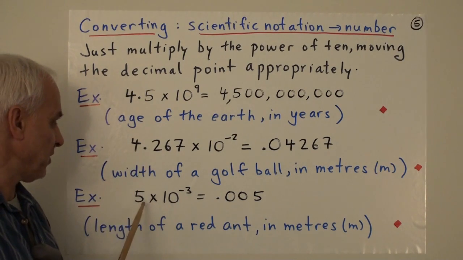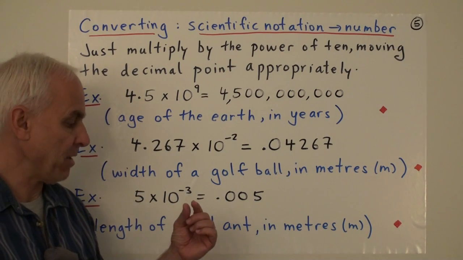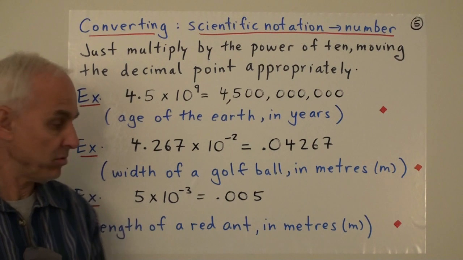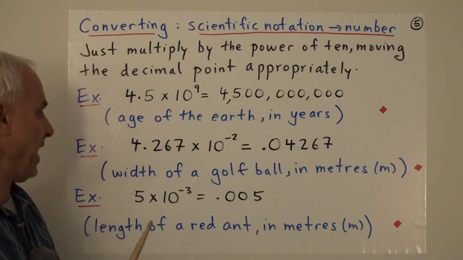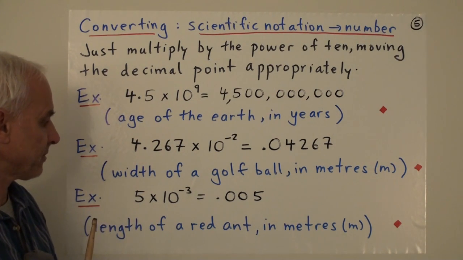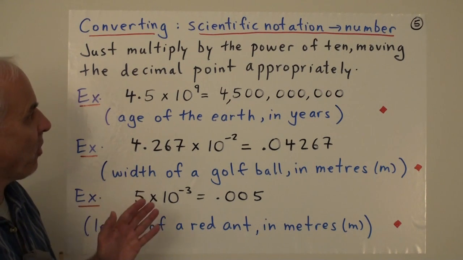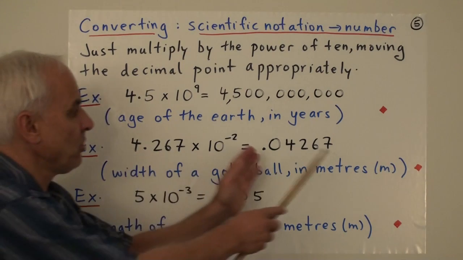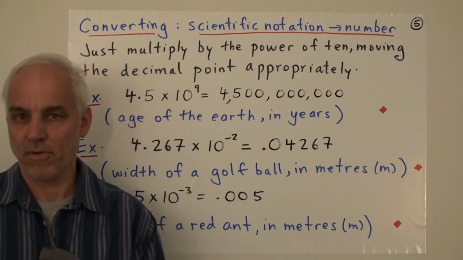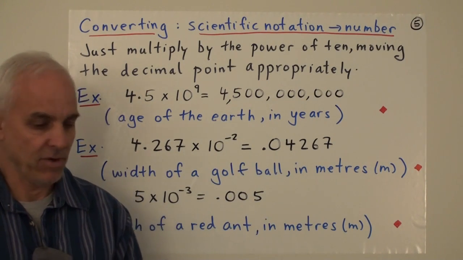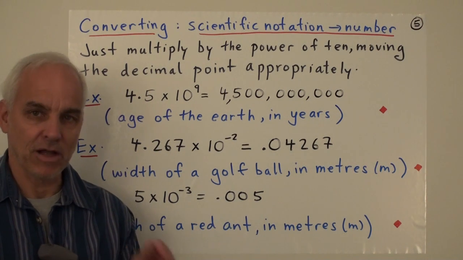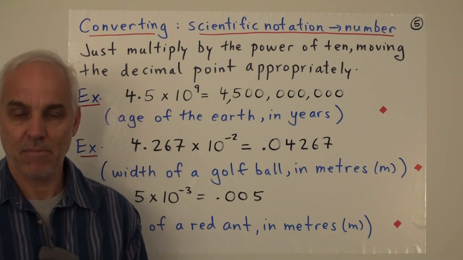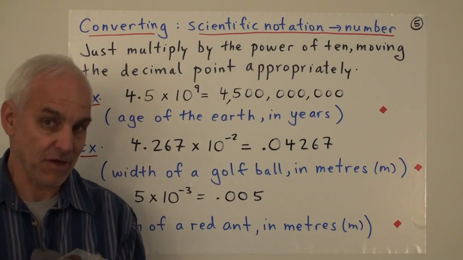Of course, there's a bit of difference between 4 and 5, but roughly it's about 1/10 of a golf ball, or maybe about 1/8 or something like that. All right, so that's how we go from scientific notation for a number to the usual decimal form of a number. It really just involves multiplying and dividing by powers of 10, which we learned in our last video.